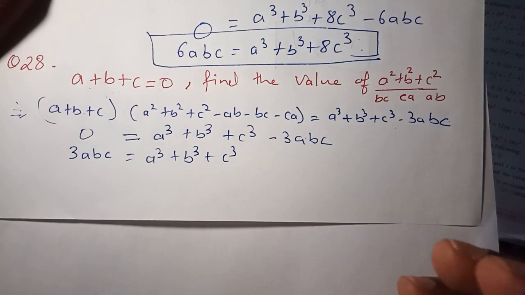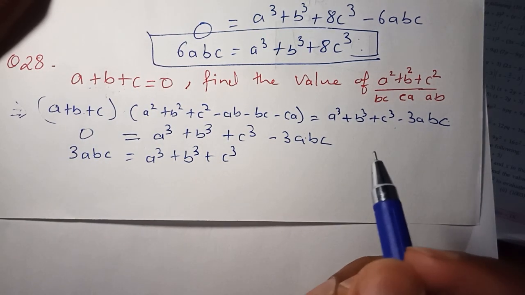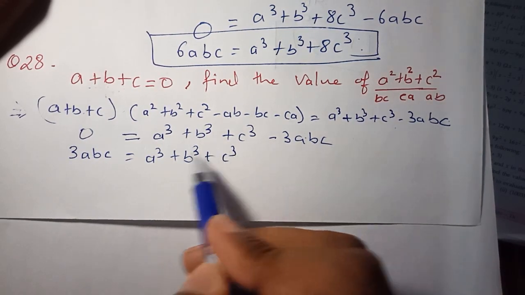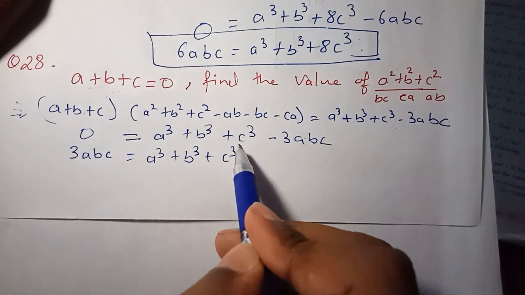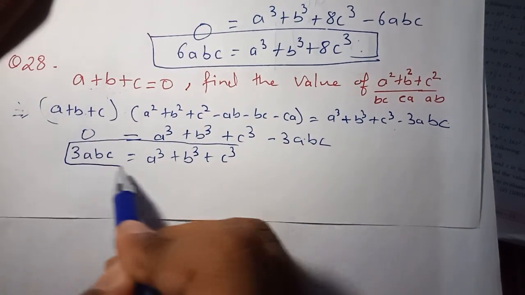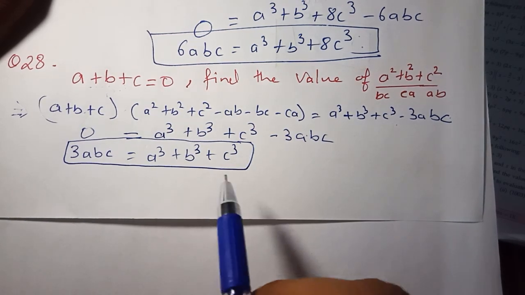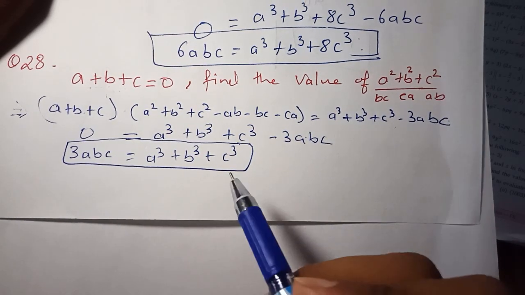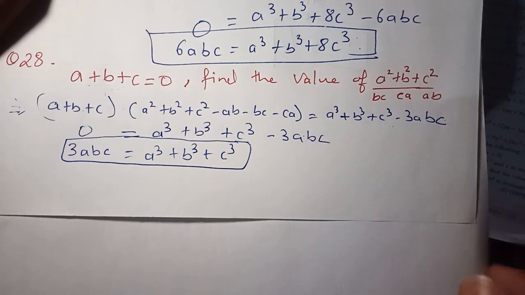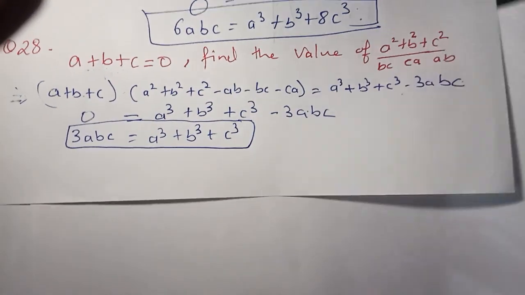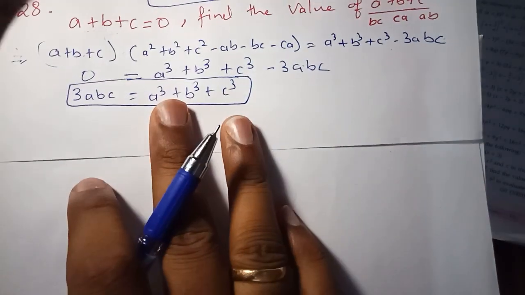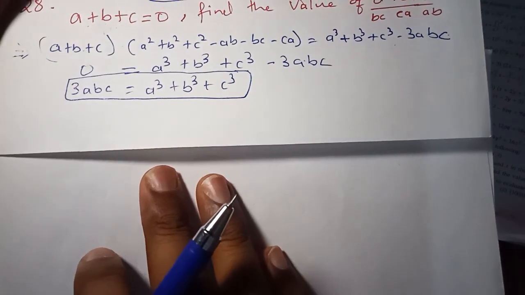Done. I got the value of a cube plus b cube plus c cube, which is 3abc. But this was none of my business, I don't have to prove this. So I'm going to work a little bit on what I have to prove.